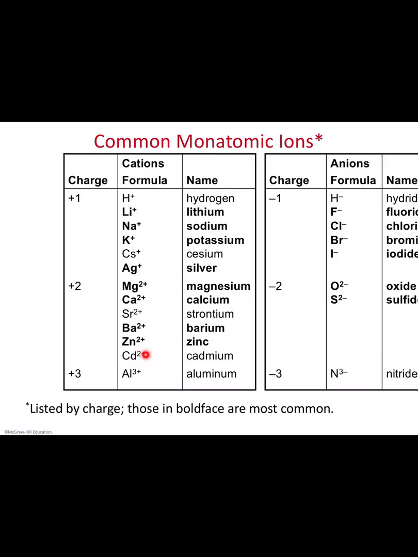Cadmium also makes +2. Then the group 3 main group elements, group 3A, atomic number 13, and the prior noble gas is neon, 10. So aluminum would like to lose 3 electrons and become similar to the noble gas configuration of neon. So aluminum can be 3+. Group 3 elements make a 3+ charge.